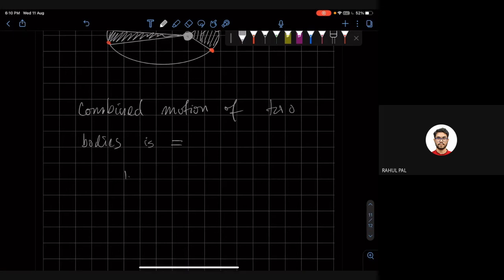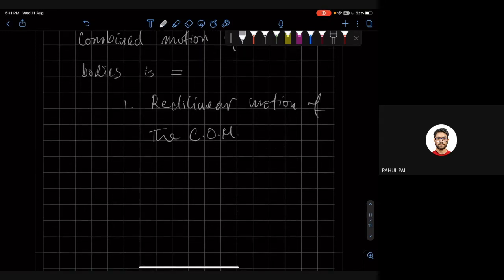One is the rectilinear motion, and it can be for any potential, the rectilinear motion of the center of mass. Number two is the relative motion of the two particles or the two bodies.